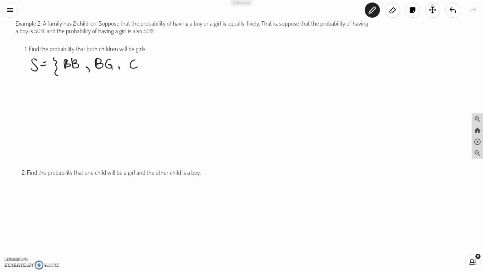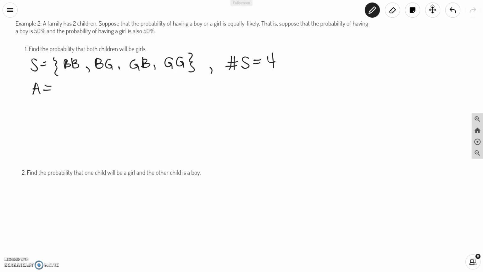We could also get that the first child is a girl and the second is a boy, or that the first and second child are both girls. Here we have a complete list of all of our possible outcomes, and we find that the number of outcomes in S is 4.